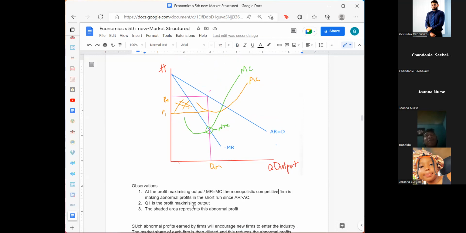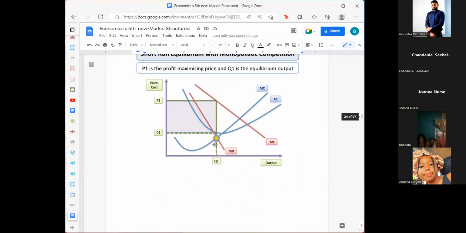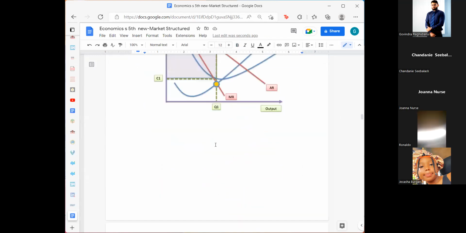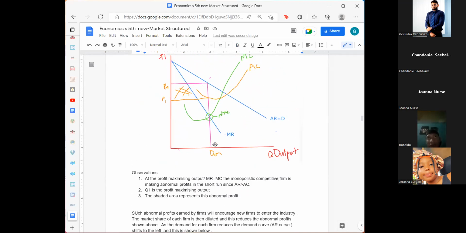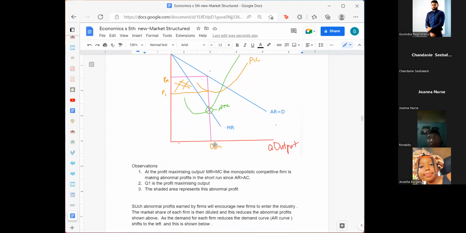Q1 is the profit maximizing output, and the shaded area is abnormal profit. Again, a very important thing we said is that in this industry there is freedom of entry and exit, right? Meaning, remember when we looked at perfect competition, what happened when persons make profit?